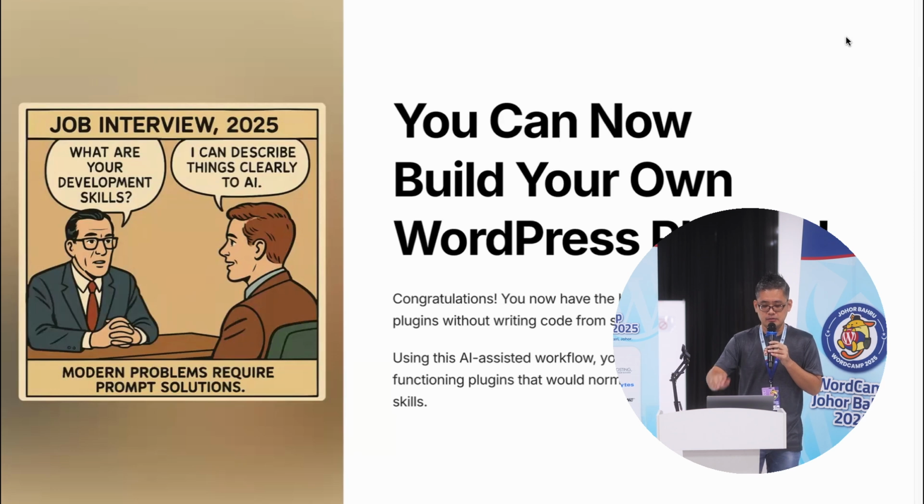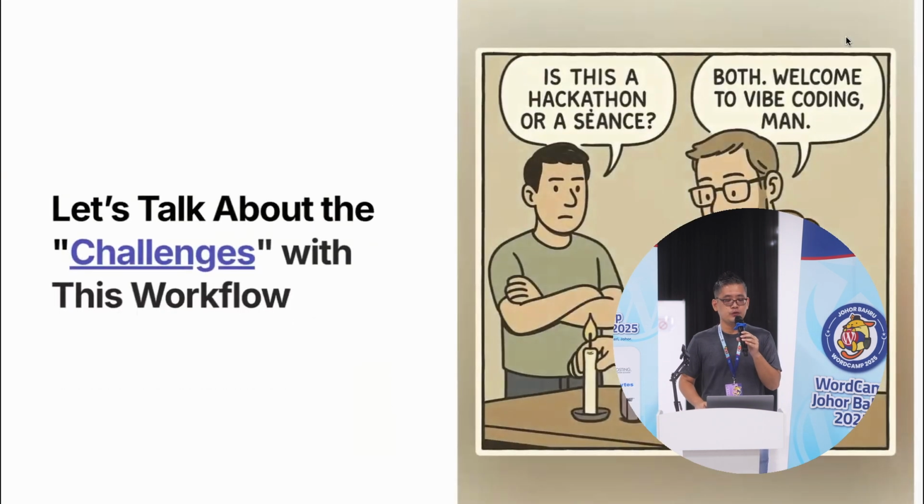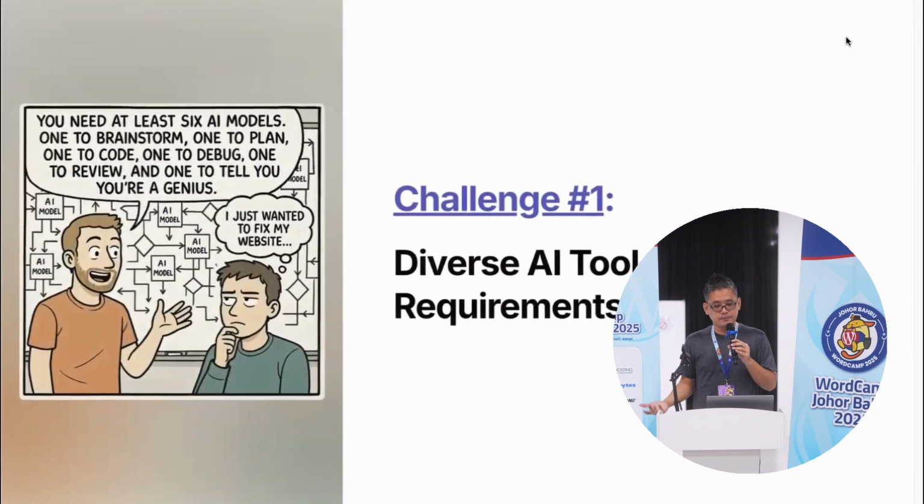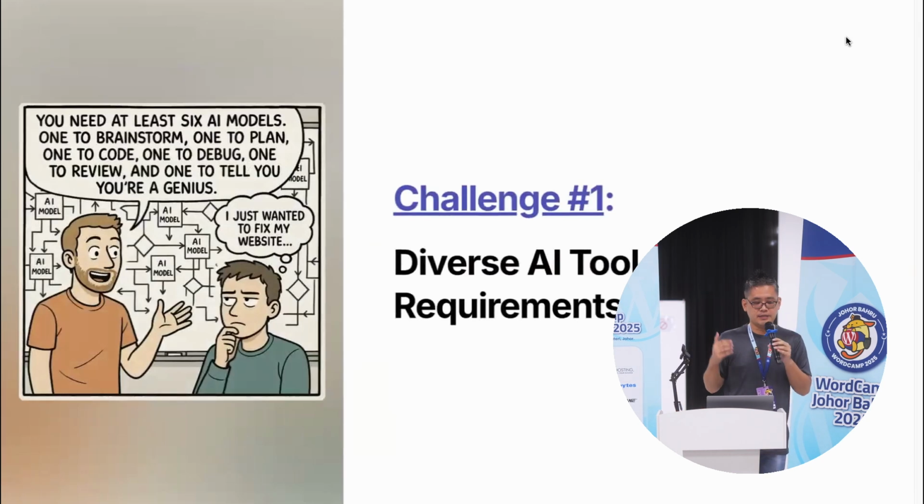All right? Now, I want to talk to you about the challenges with this workflow. Now, of course, this is not perfect. Now, challenge number one, right? This workflow requires different AI tools to achieve the best result. As there's no single AI model that can handle everything perfectly from start to finish. Right?